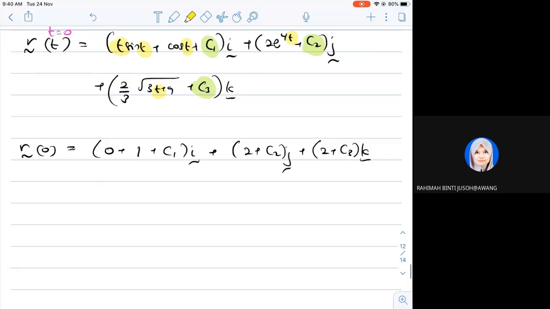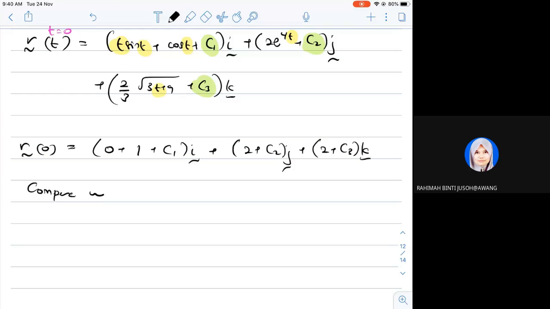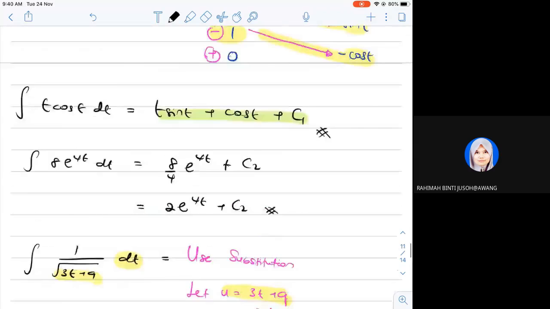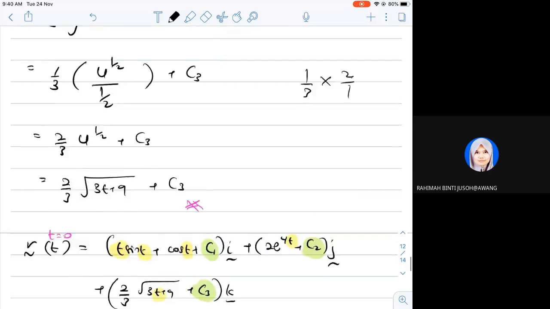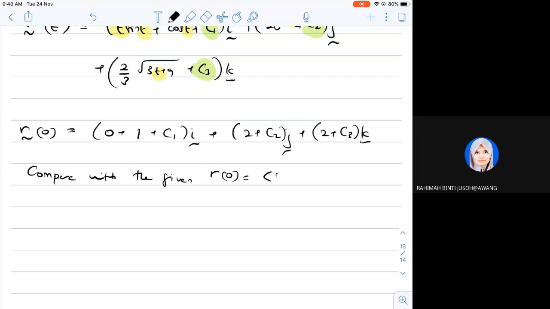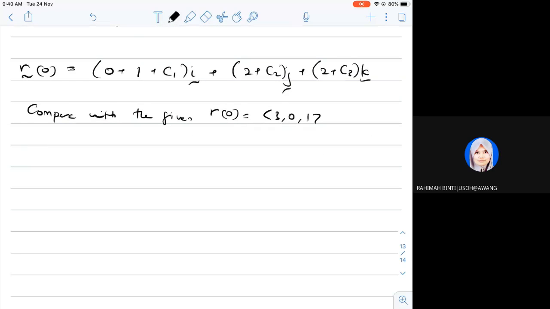Okay, after that we need to compare with the given r(0) equals to, what was the question? 3, 0, 1. Okay, 3, 0, 1. Alright, so now we compare one by one.